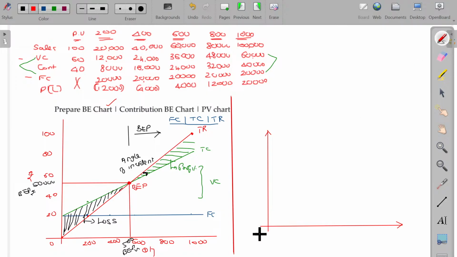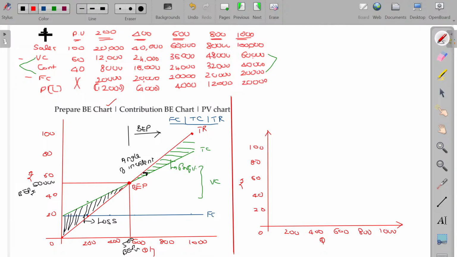Okay, this will be rupees, this will be quantity being 200, 400, 600, 800, 1000. Rupees being 20,000, 40,000, 60,000, 80,000, 100,000. Clear? X-axis and Y-axis we have posted here.